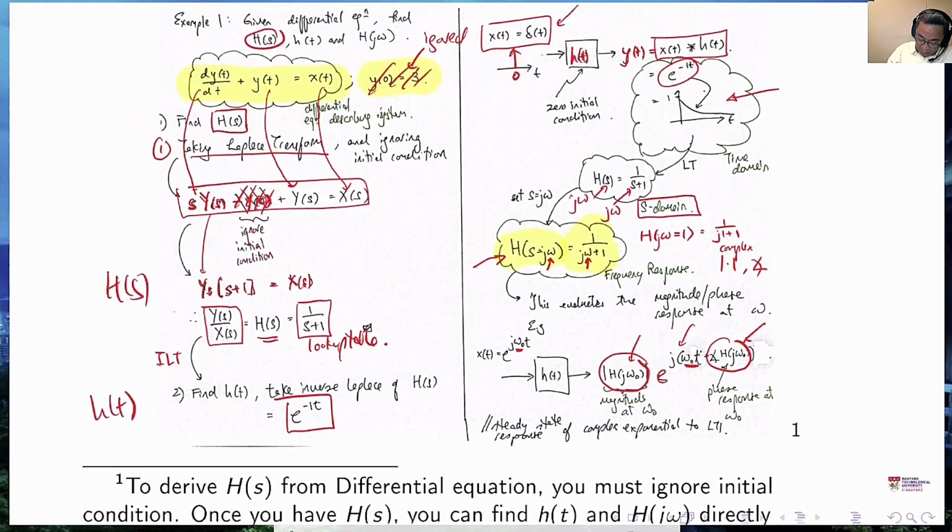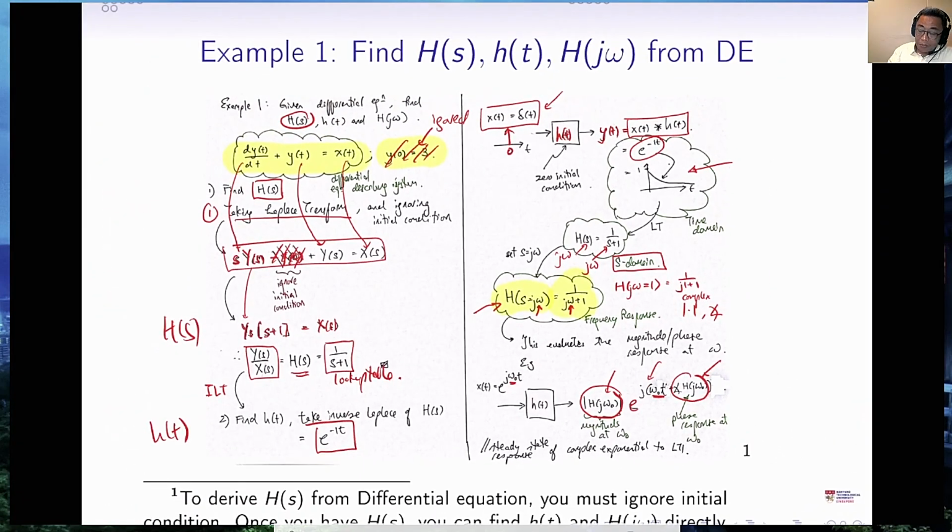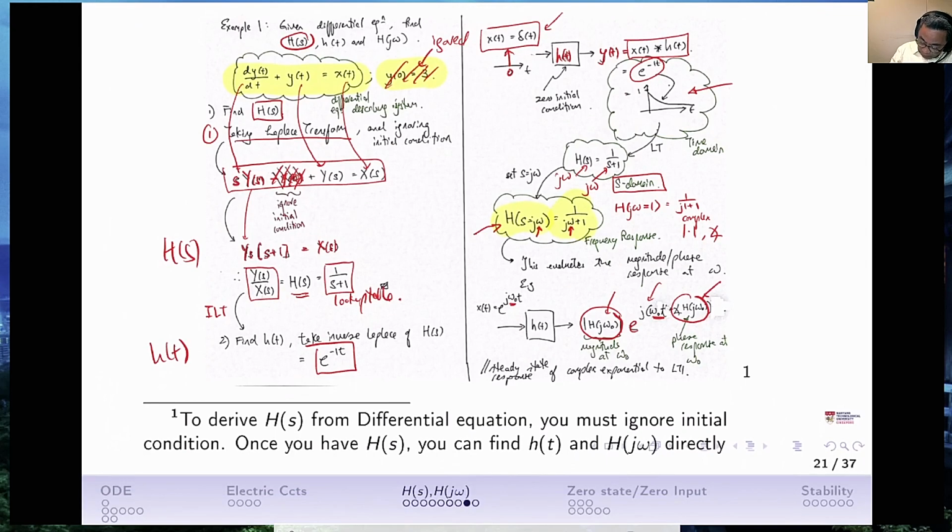So this little slide shows you how to go from H(s) to h(t) to H(jω) from a differential equation. I repeat, you must ignore the initial condition when you are deriving H(s). Now, please be careful.